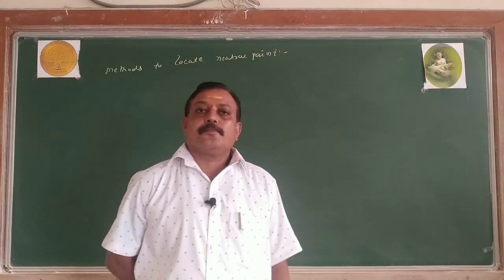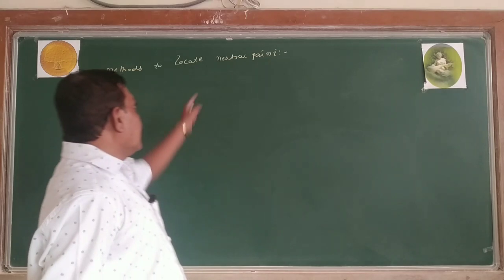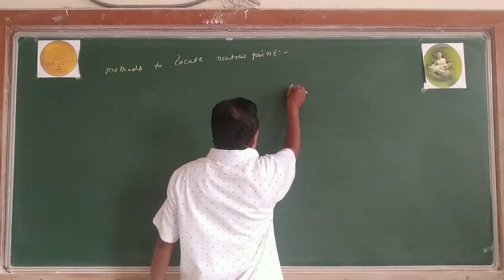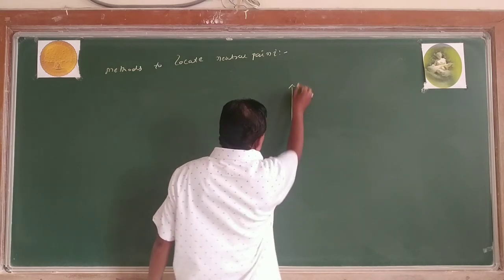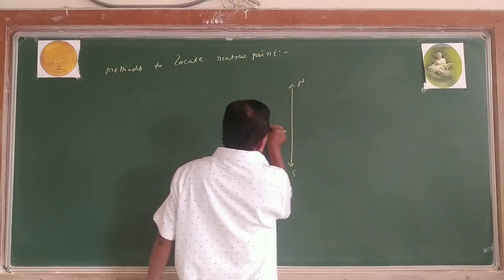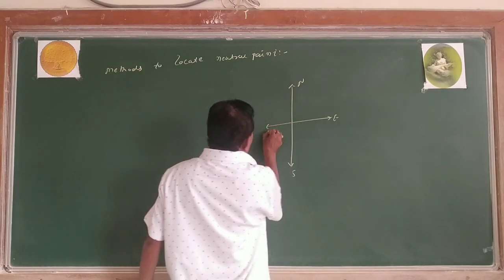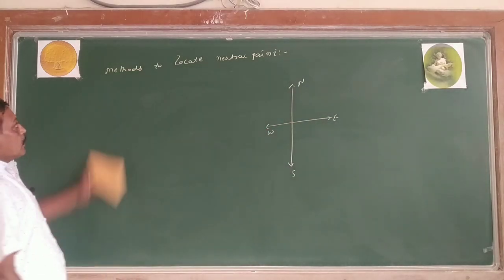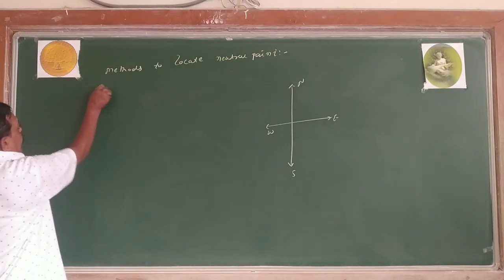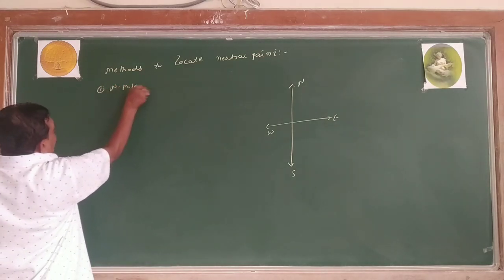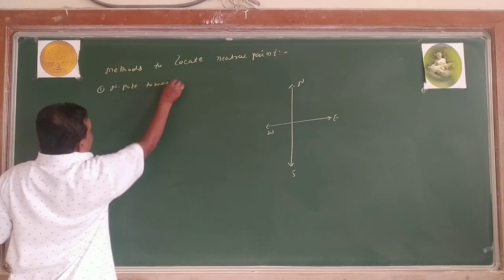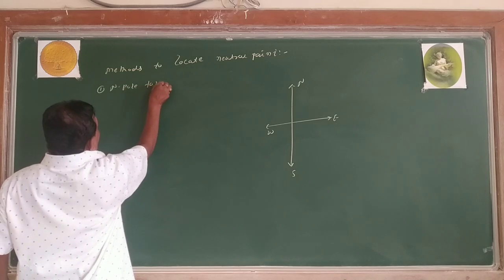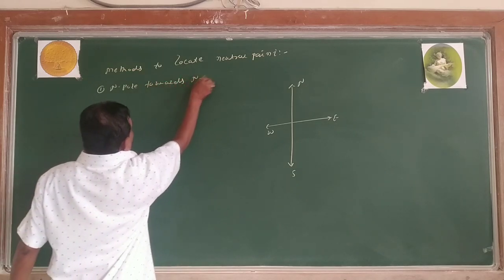Then I want to locate the neutral point. Now this is north, south, east, west belonging to Earth. Then I place the magnet, first one, with the north pole towards the north of the Earth.